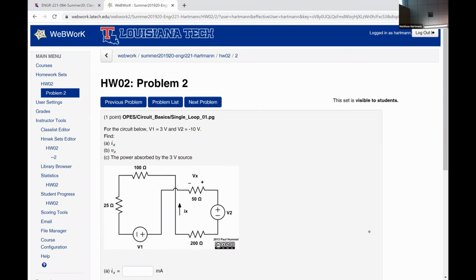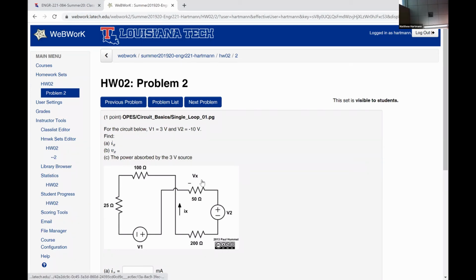Now, one thing we want to notice is as we follow this current Ix around, it's flowing into the negative polarity terminal of this voltage that we've defined as Vx. So your Ohm's law equation should be putting Ix in terms of Vx. Ix is going to be negative Vx over 50 ohms.